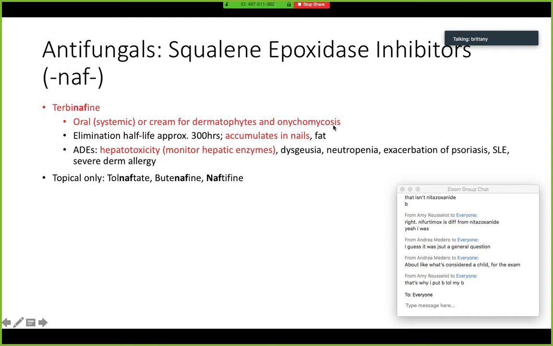So if you see that described in a question stem and they want to know how to treat it, you're looking at terbinafine. And one of the reasons this works so well is because it accumulates in the nails. So the drug is going exactly where you want it to target.